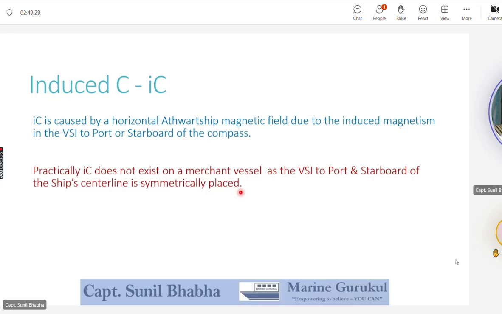Sir, on tankers, we have a provision crane on both port and starboard side. What about them?